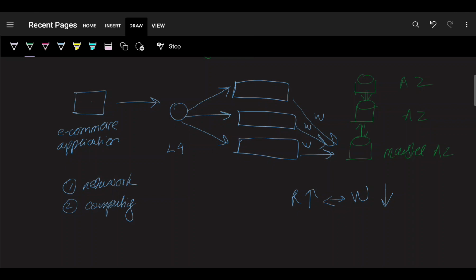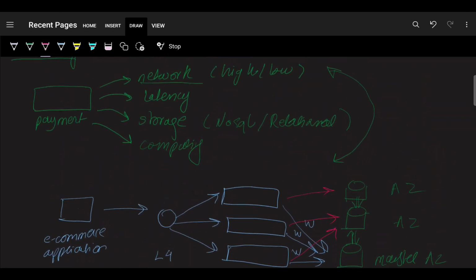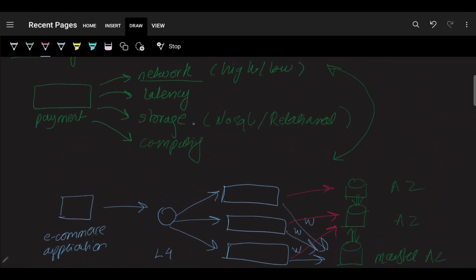So all your reads can be distributed across these replicas. So this addresses our network and computing problems. So what else do we have? This also addresses your storage problems.